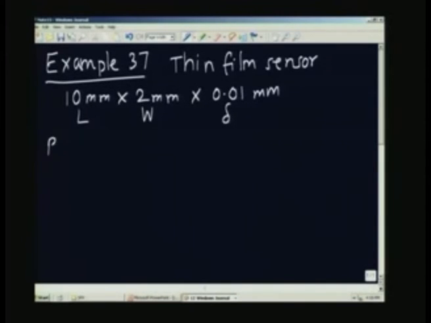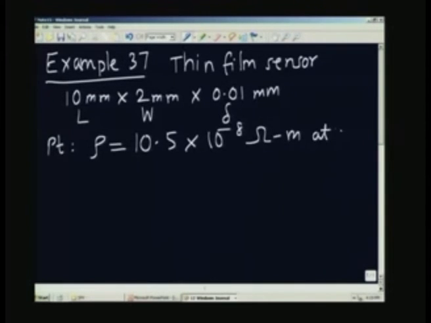Platinum has a resistivity, which is also given the symbol rho. This is the electrical resistivity, 10.5 into 10 to the power of minus 8 ohm meter at 20 degrees Celsius, and the alpha we are already familiar with. This alpha is the temperature coefficient of resistance, 0.00392 per degree Celsius.